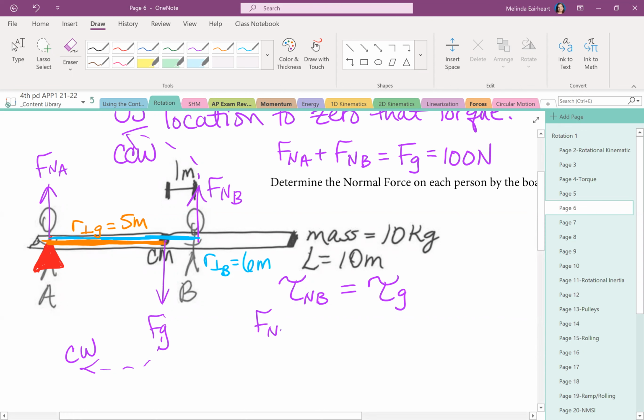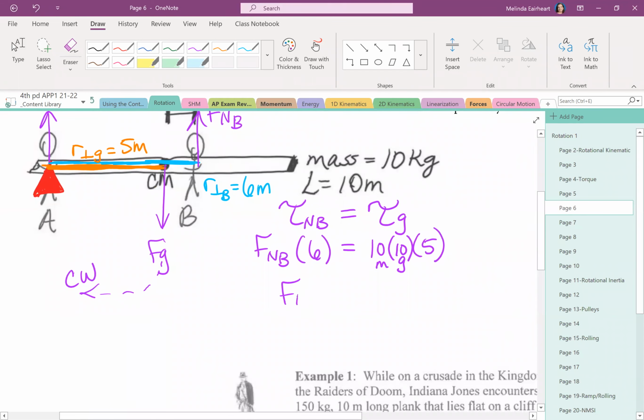And so the normal force of B, that's what we're trying to solve, or one of the things. Lever arm is 6. Equals the force of gravity. They say it's a 10 kilogram. So I need to multiply by gravity, right? mg to get our force. And then the lever arm would be 5. And so 500 divided by 6. Let me know what you get.